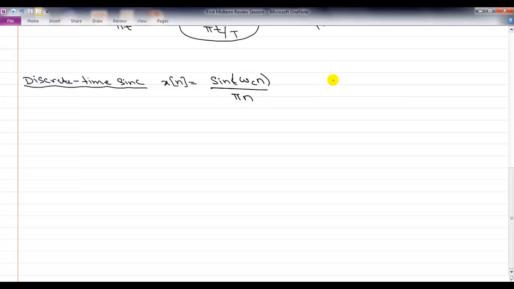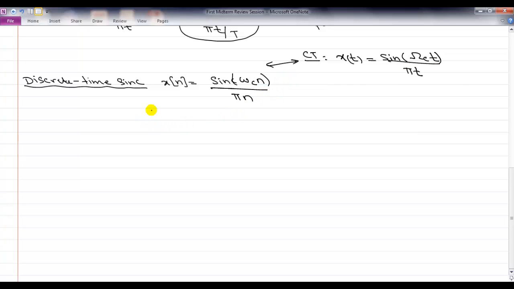So the continuous time one was given by sine capital omega c t over pi t. So it's the same expression.